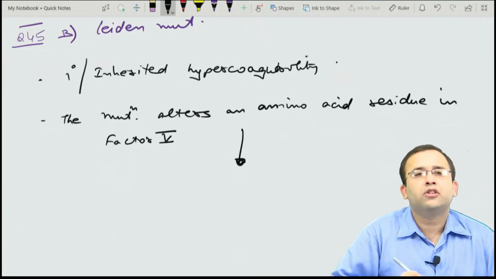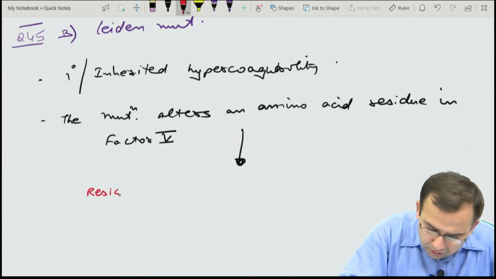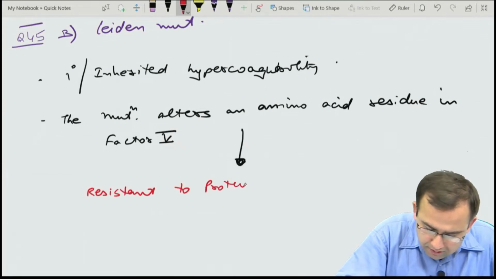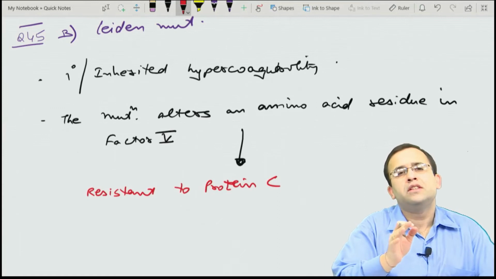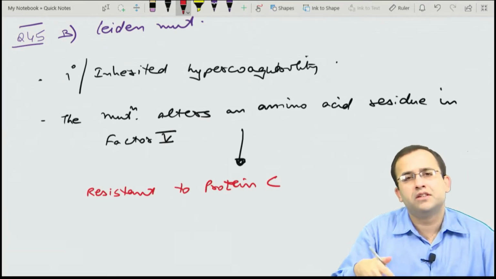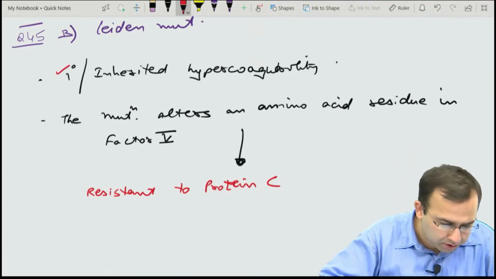As a result of which it becomes resistant to protein C. Protein C and protein S are important fibrinolytic pathways. So because of resistance to protein C, it is associated with primary hypercoagulability.